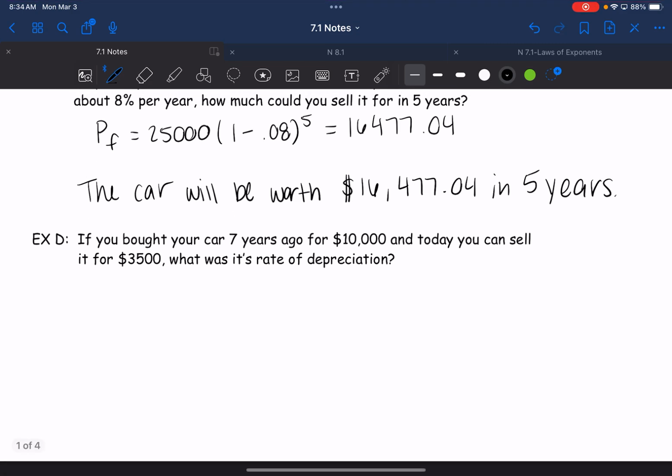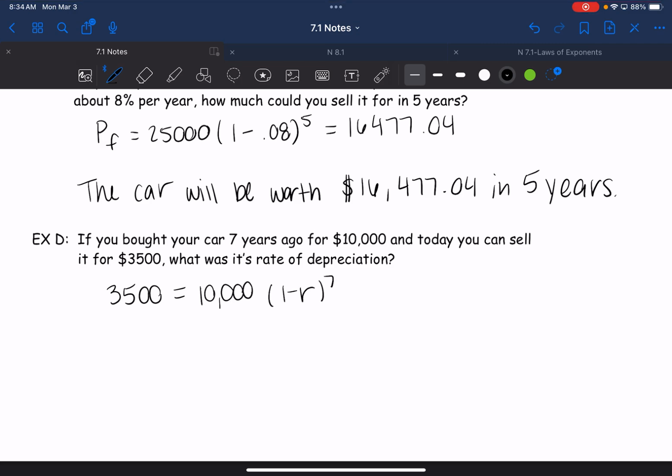Okay, for part D, what part did they not give us on part D? The rate, right. And again, on this one, we were decaying, right? So second formula. So we had 3,500 was equal to 10,000 times 1 minus r raised to the 7th power, right?